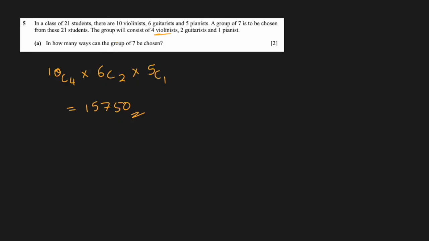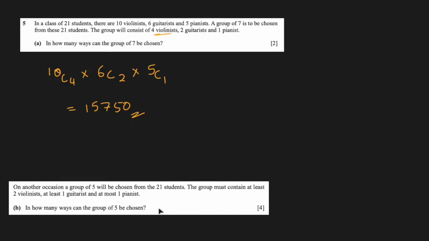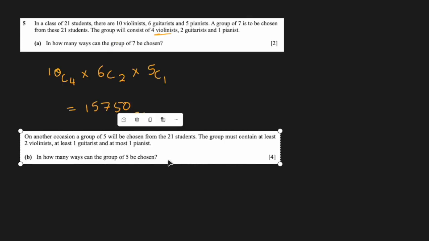Let's go to the second one, which says on another occasion, a group of 5 will be chosen from 21, not 7, now 5. The group must have at least 2 violinists, at least 1 guitarist and at most 1 pianist. So let me write violinist, guitarist and pianist. At least 2 of them.